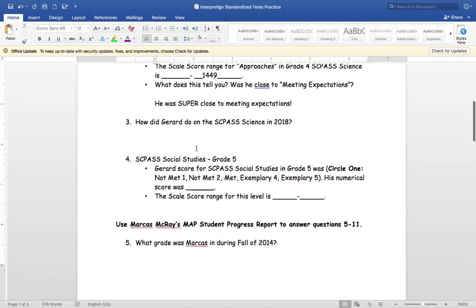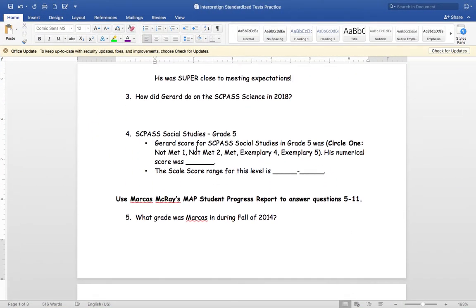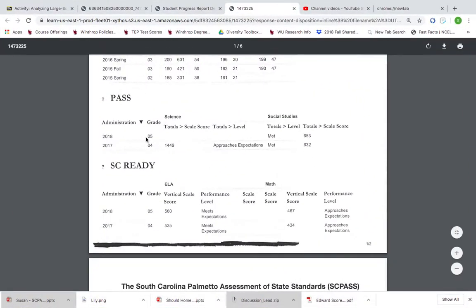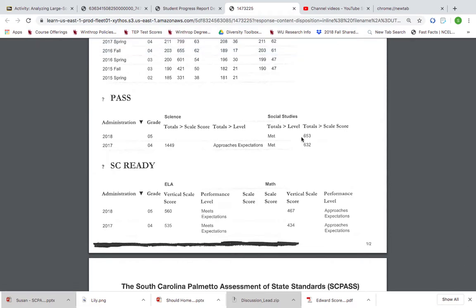Okay, so let's look at social studies. Girard's score for South Carolina PASS Social Studies, grade 5 was what? So grade 5 social studies, he earned a 653. Now, what does that 653 mean? All right, we have to kind of do some research here.